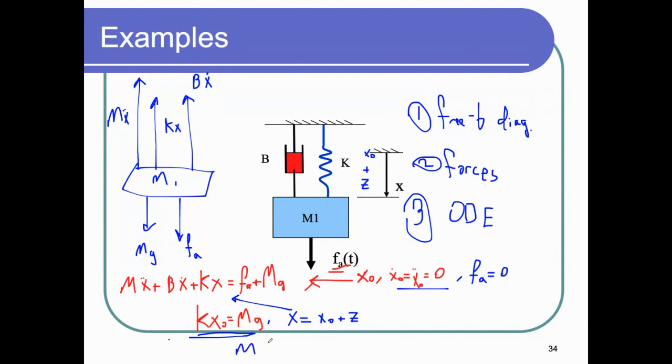We have m, x naught double dot plus z double dot, plus b, x naught dot plus z dot, plus k, x naught plus z, is equal to F_a plus mg.